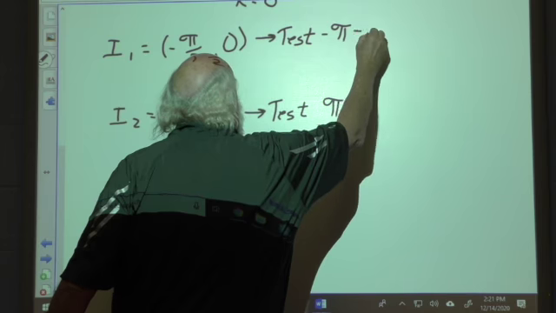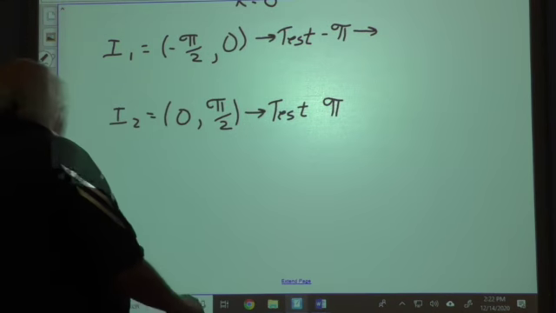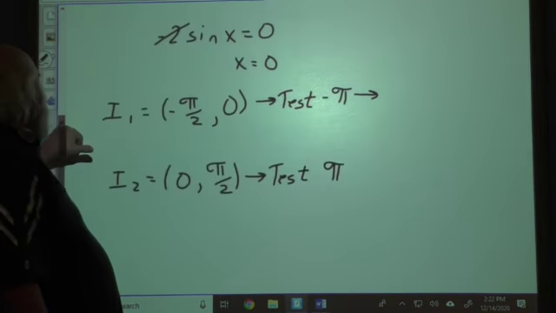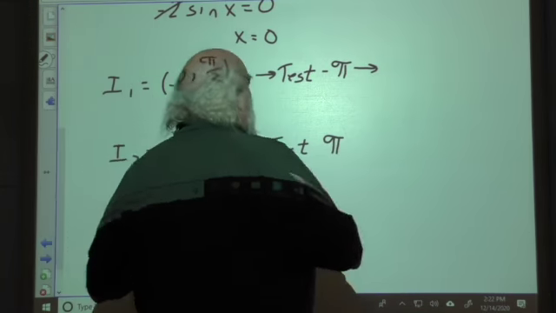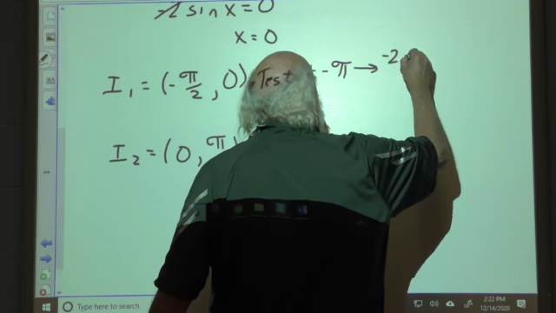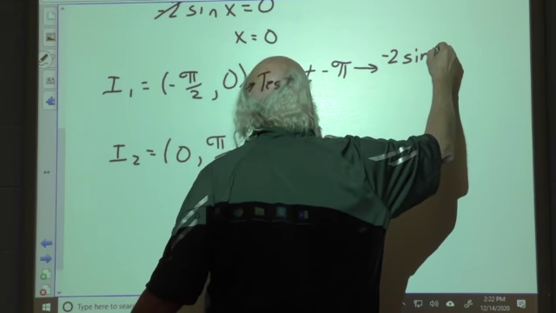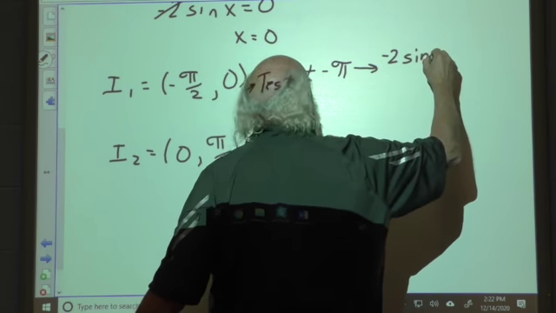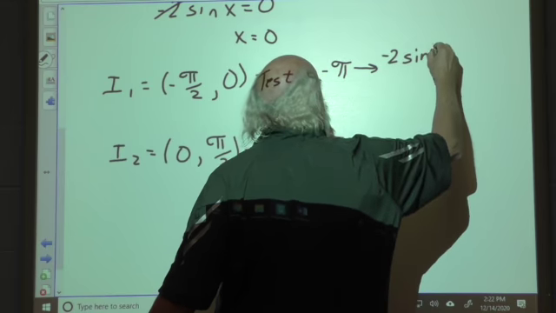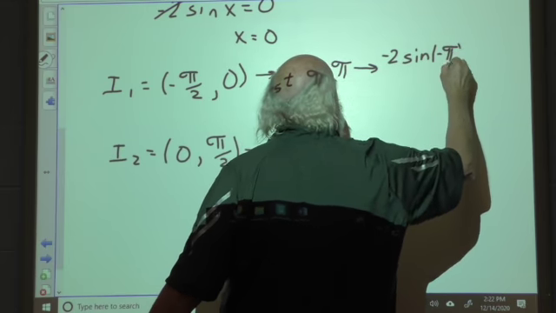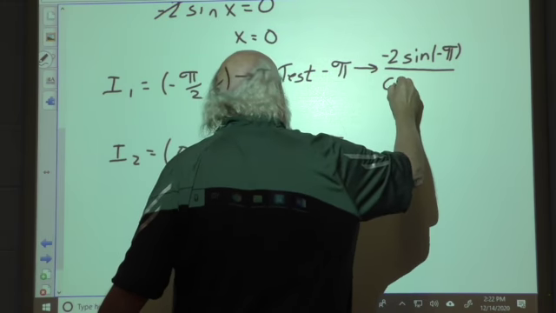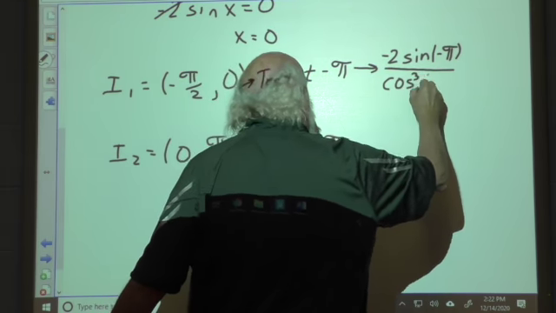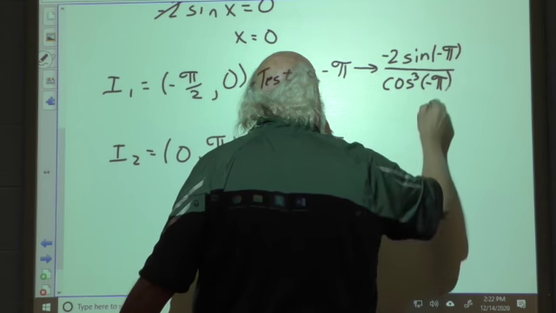And again, we're going to use that derived second derivative equation, negative 2 sine x over cosine cubed x. So negative 2 sine of x, well x is negative pi over cosine cubed of negative pi.